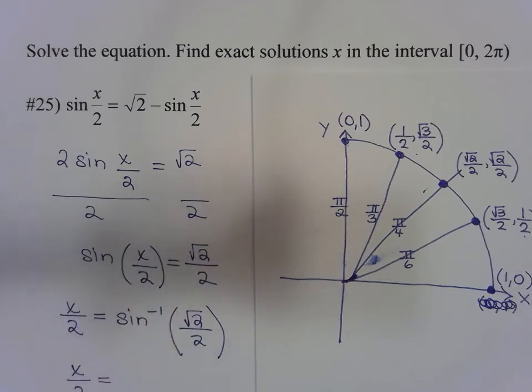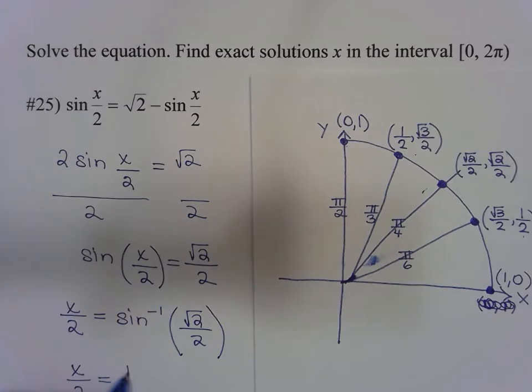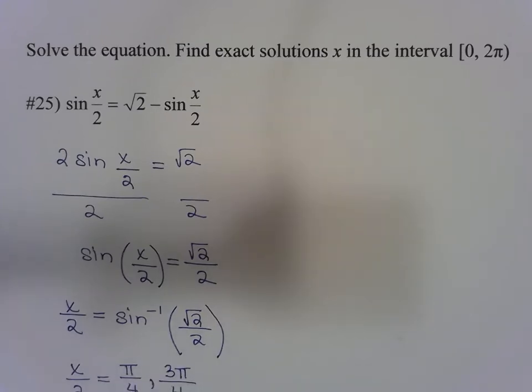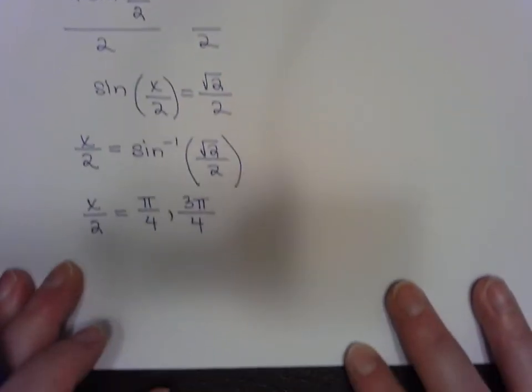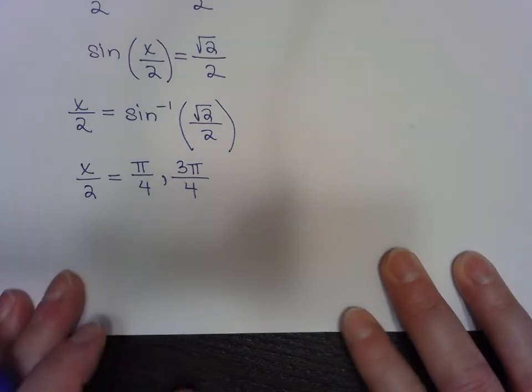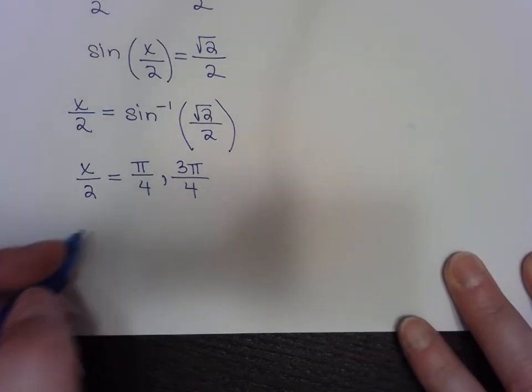So it would be pi over 4 and 3 pi over 4. Okay, so let's set them up separately.